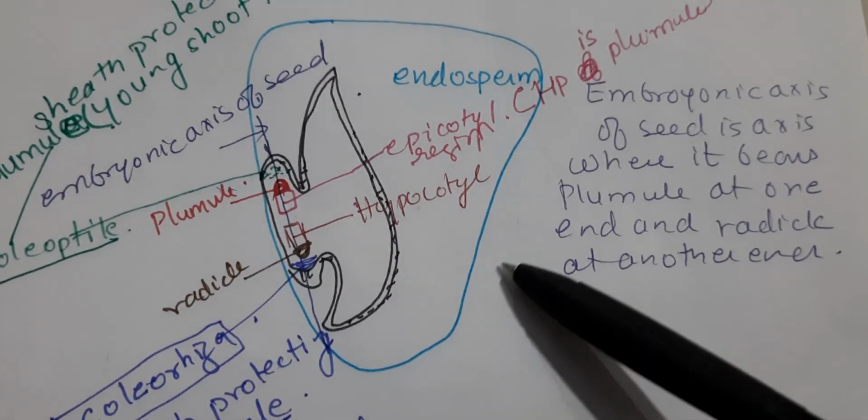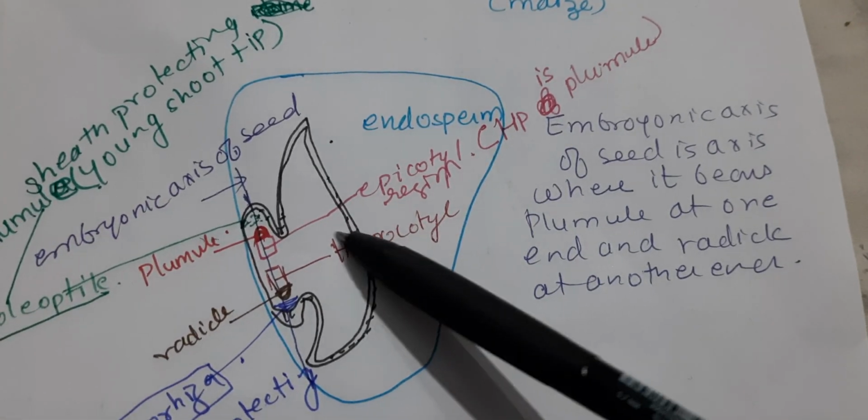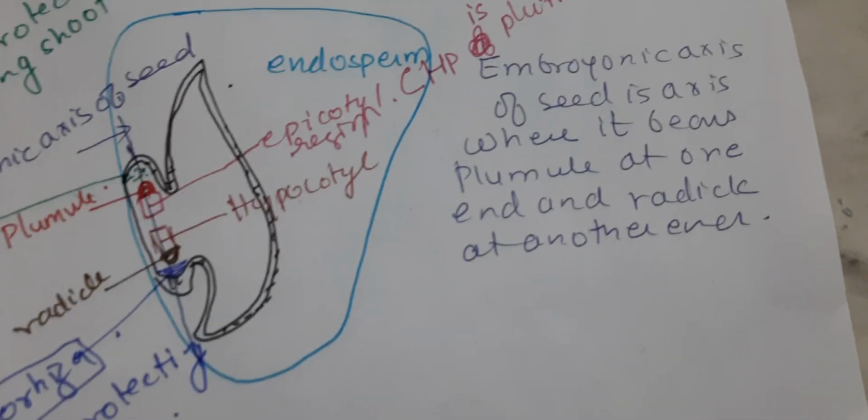Then the hypocotyl and epicotyl regions are located in the seed.